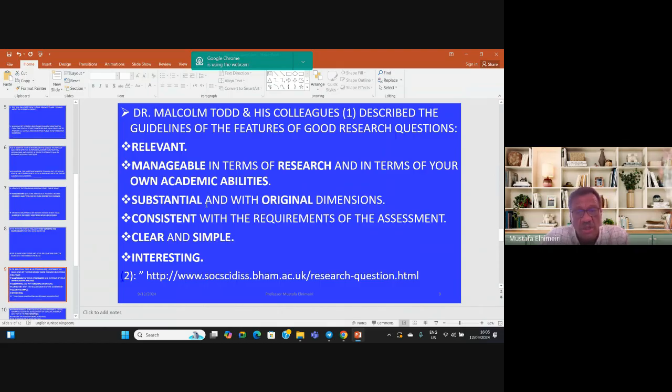And also substantial and original dimensions are important, consistent with the requirements of the assessment, clear and simple and interesting. Here is the website where you can find more details about these guidelines.